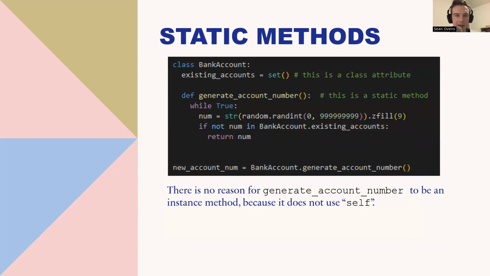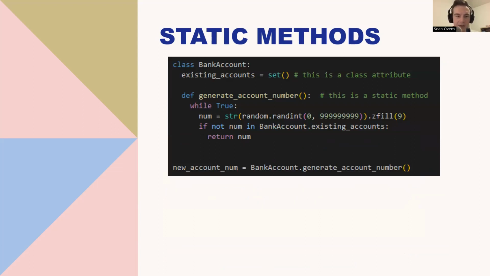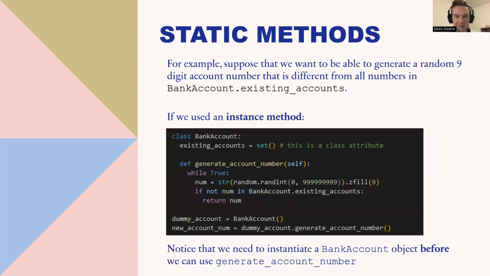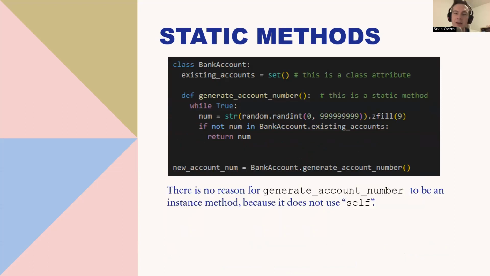An obvious way to see the problem here is that we're taking an argument self, but we're not using self anywhere in the code of generate account number. That's an easy way to identify which methods you can make static. If you're not using self, there's no reason to pass self in as an argument.